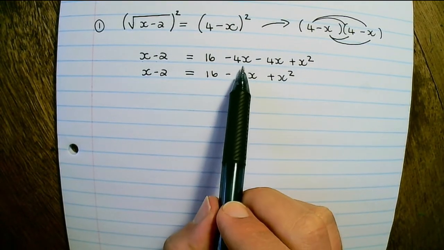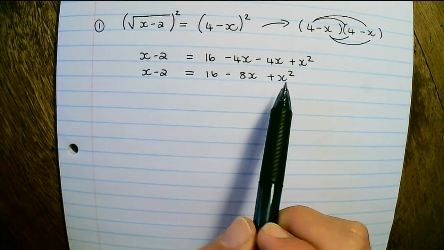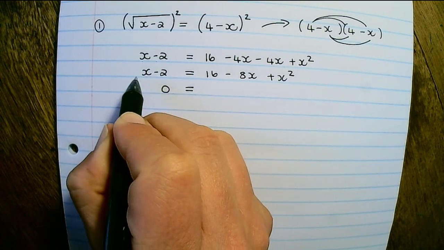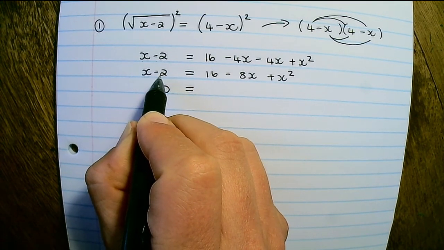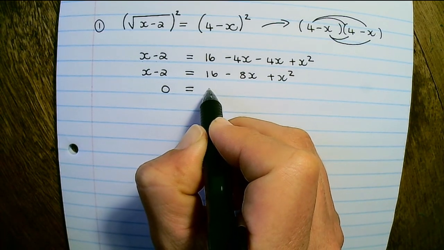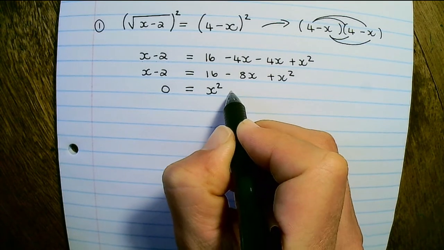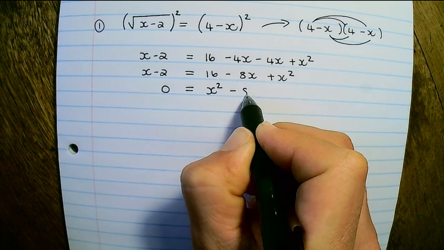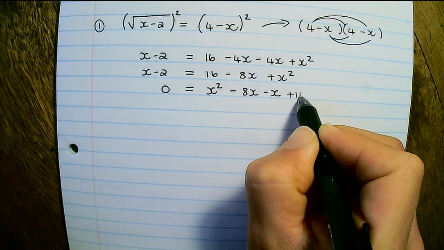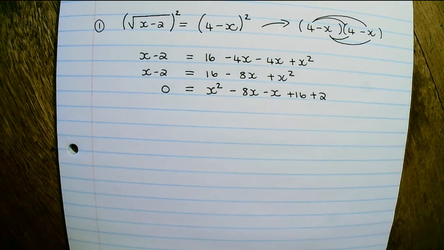Now what you can do is add up like terms to simplify, and in order to solve x, you can transpose the x and minus 2 over to the right hand side. So then you'll have x squared minus 8x minus x plus 16 plus 2.